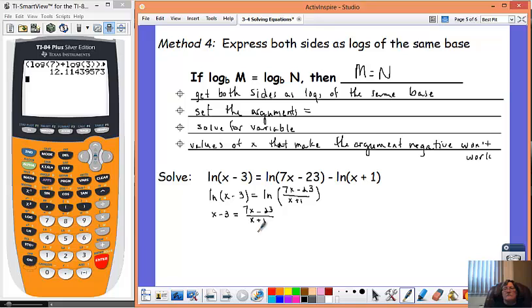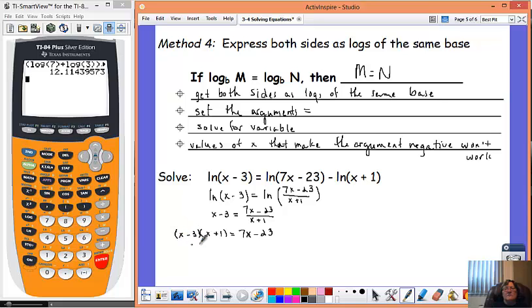x is everywhere here. This is not going to be pretty, but let's multiply both sides by x plus 1. So we're looking at x minus 3 times x plus 1 equaling 7x minus 23. Now we need to multiply quantity times quantity, so you'll either use the box method or FOIL.